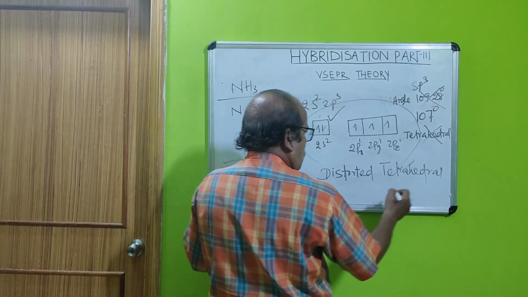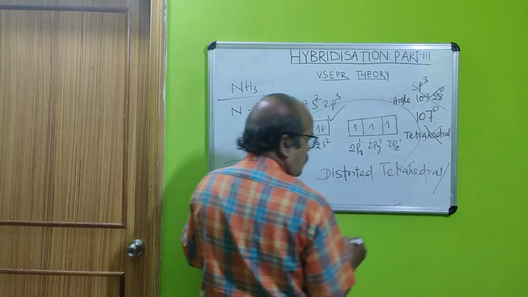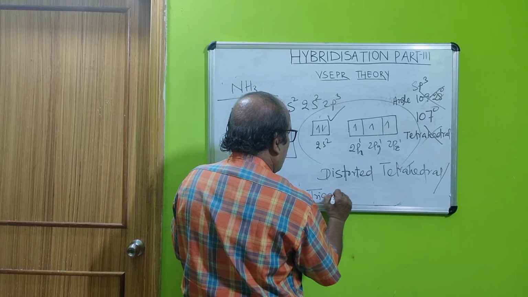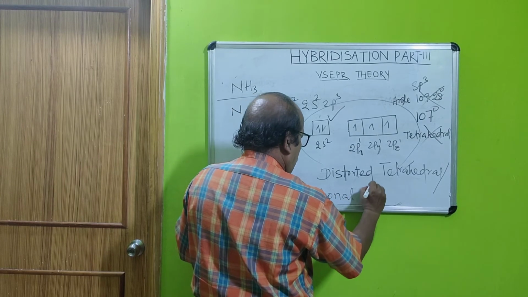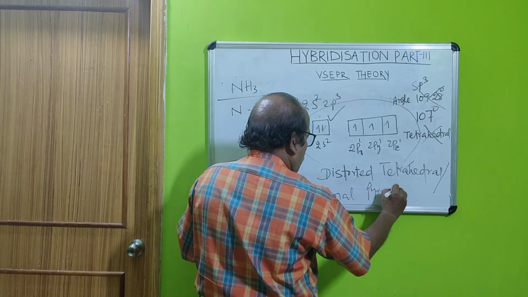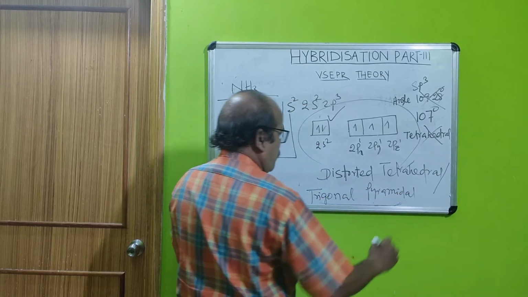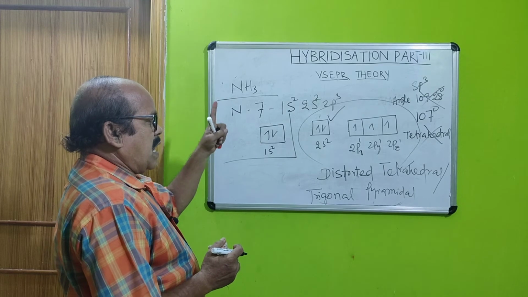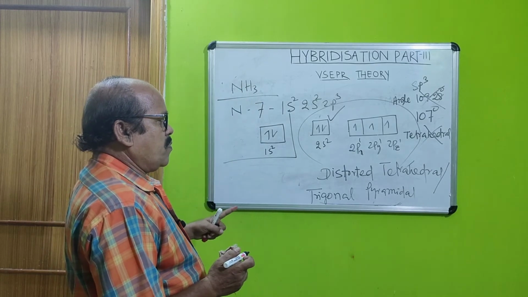And it is called trigonal pyramidal. In case of ammonia, the hybridization is sp3.